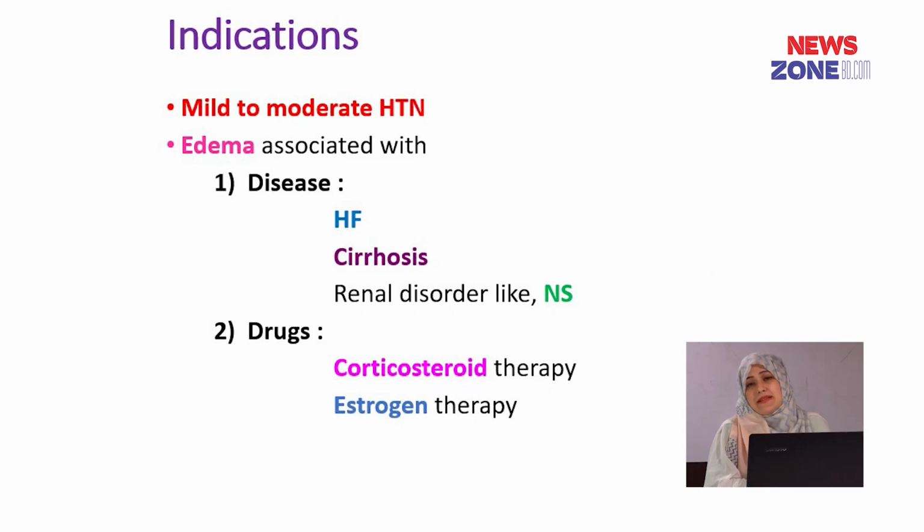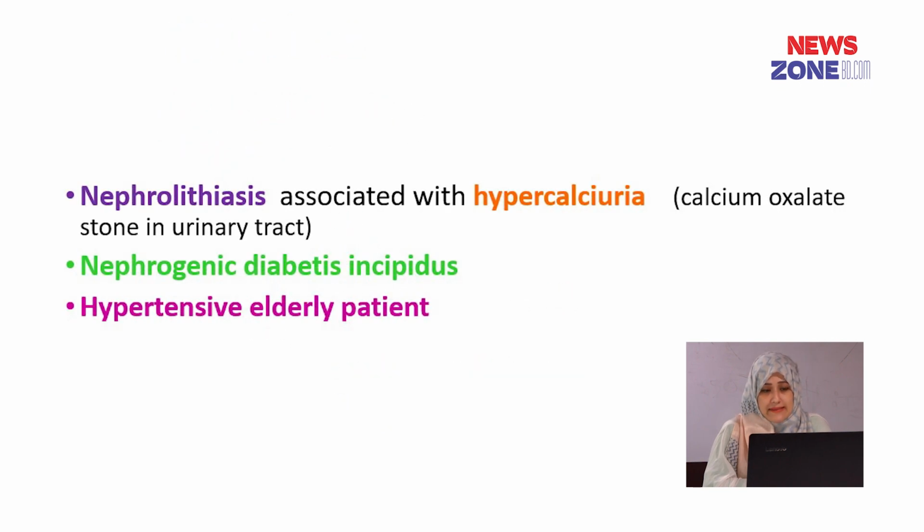Now, what are the indications of thiazide and thiazide-like diuretics? There are several uses and indications of these diuretics. Number 1 is mild to moderate hypertension, edema associated with diseases like heart failure, cirrhosis of liver, renal disorders like nephrotic syndrome, and some drugs like corticosteroid therapy, estrogen therapy, etc. And some other diseases like nephrolithiasis associated with hypercalciuria, calcium oxalate stone in the urinary tract is also a use of the thiazide diuretics.